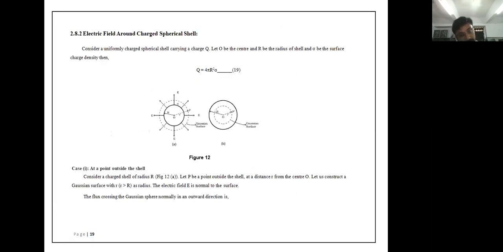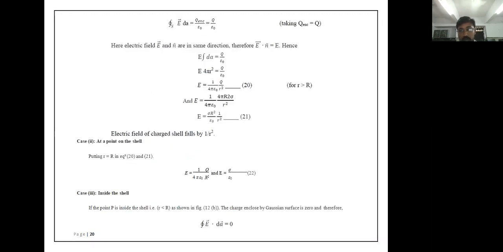So here we can see that the Gaussian surface is inside the sphere of radius R. So there is no charge enclosed within the Gaussian surface, because all the charge is on the surface of the sphere of radius R. So there is a dotted line, which is the Gaussian surface, and inside the Gaussian surface there is no charge. So therefore the flux or the field inside the spherical surface is 0.